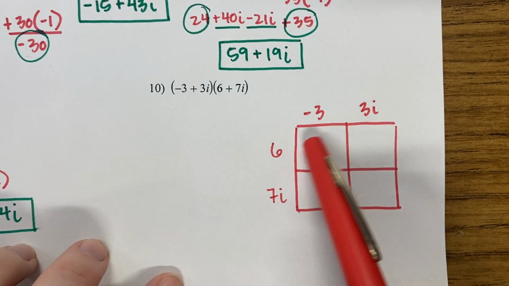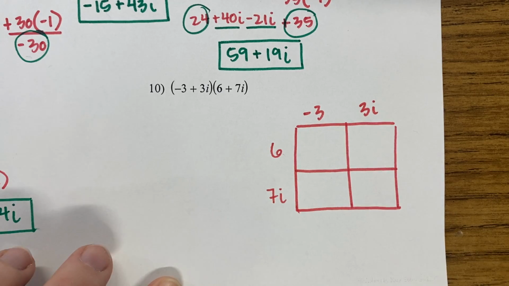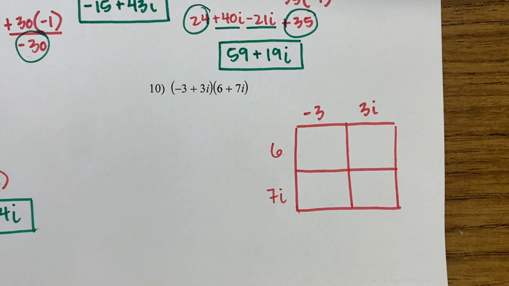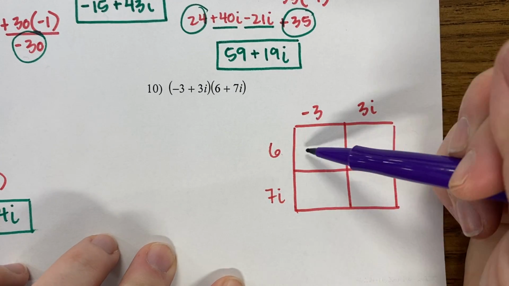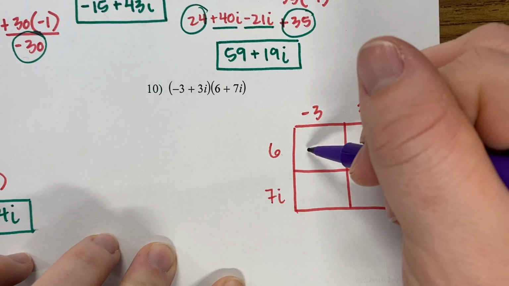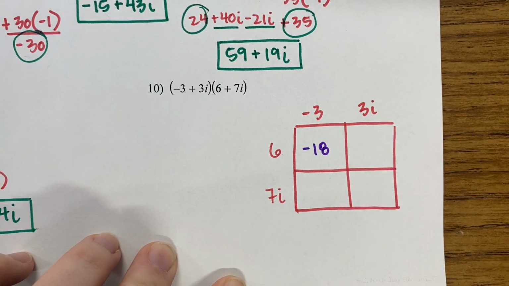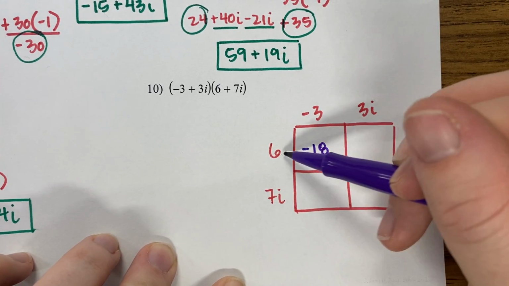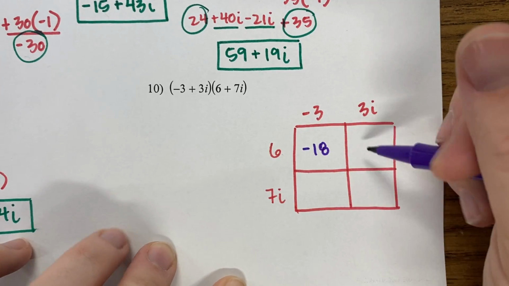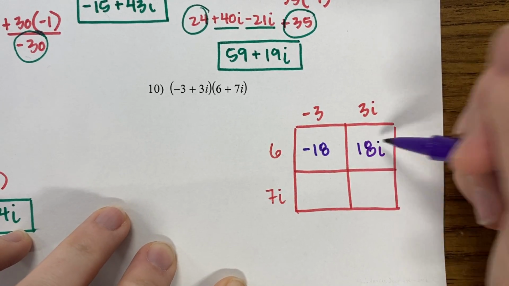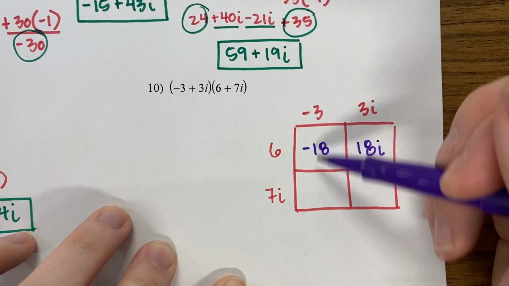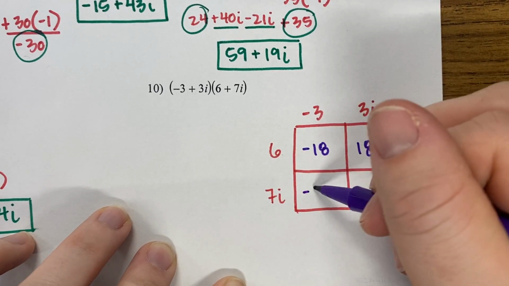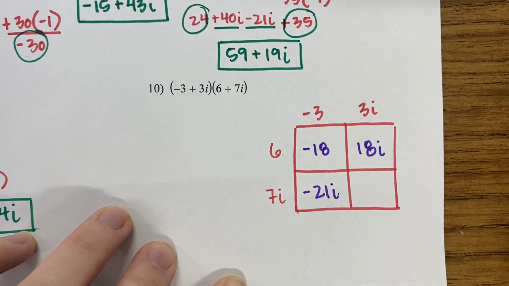Now we just line it up and multiply everything inside. So I have negative 3 times positive 6. It's going to give me negative 18. Positive 3i times positive 6. That's going to be positive 18i. Negative 3 times positive 7i, negative 21i.